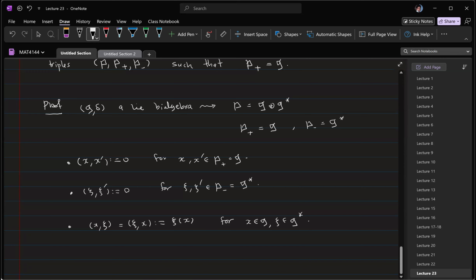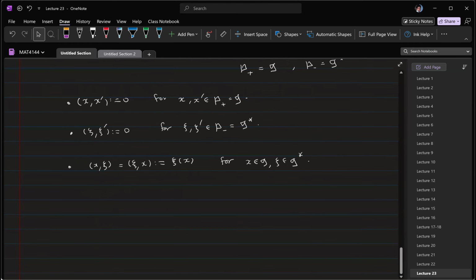So this invariance condition needs to be checked. And that's a calculation.